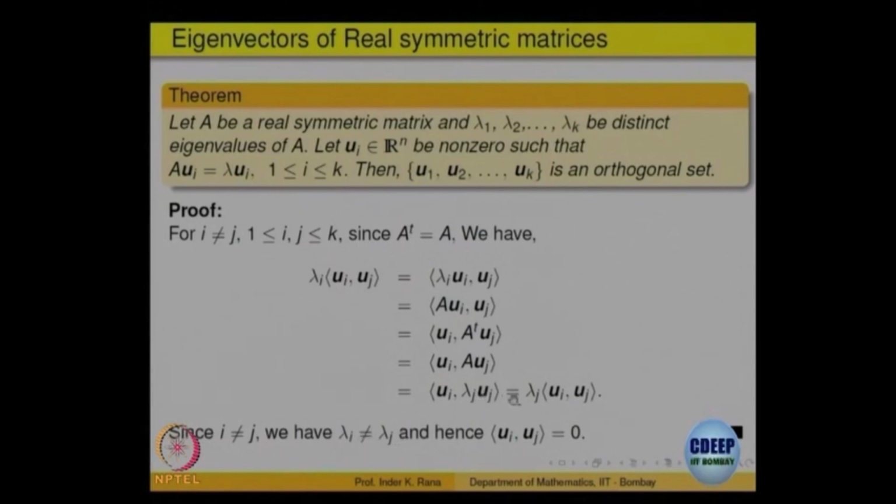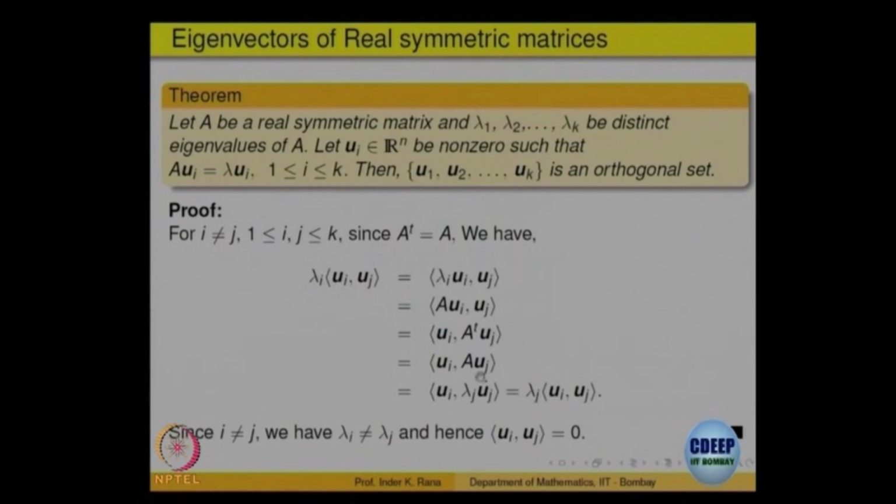Taking it on one side, lambda i minus lambda j applied to the dot product of ui and uj is equal to 0, but they are distinct, so lambda i minus lambda j cannot be 0. So what should happen? The dot product of ui and uj must be equal to 0.